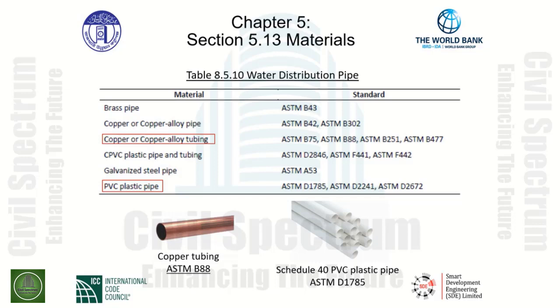PVC plastic pipe, Schedule 40 PVC plastic pipe has the standard ASTM D1785 for that particular material. As you can see, there are different standards, and the designer must pick or select the correct standard based upon the piping that is being designed for the water distribution system.